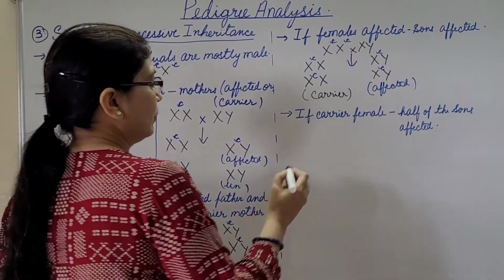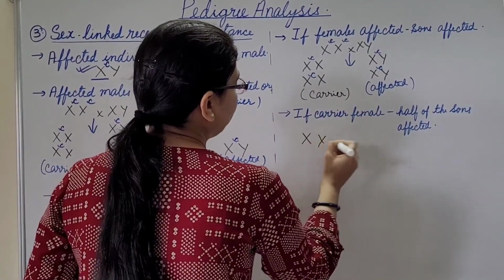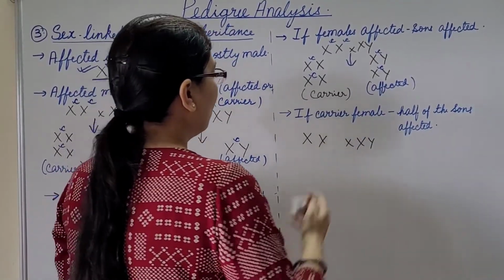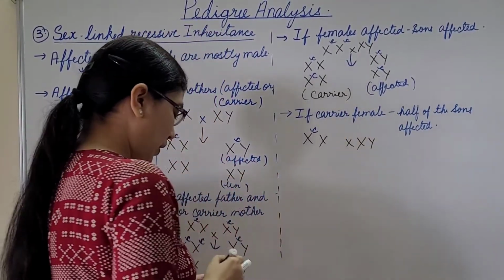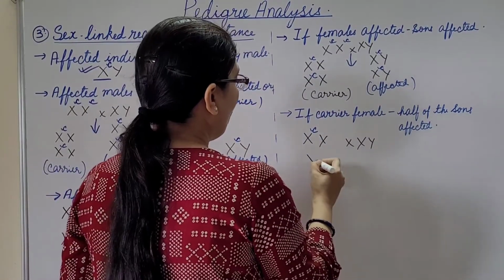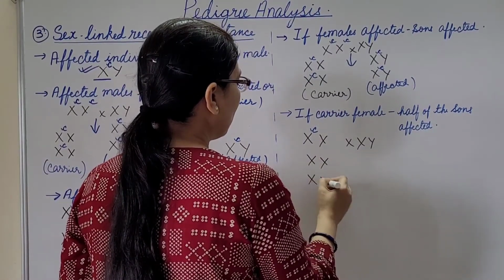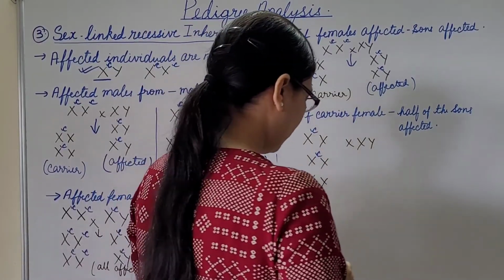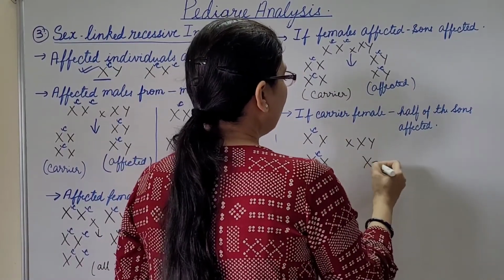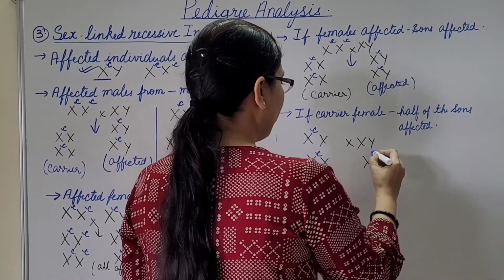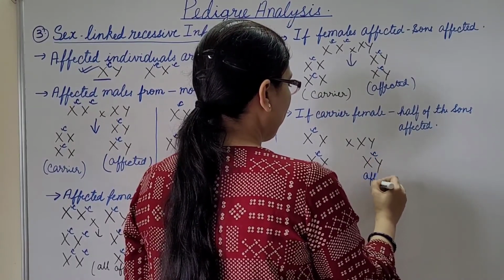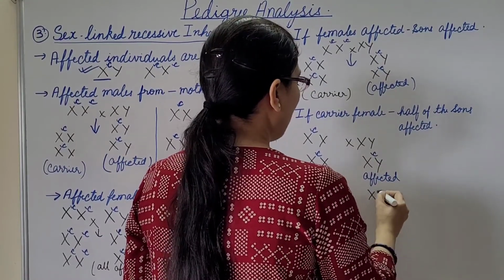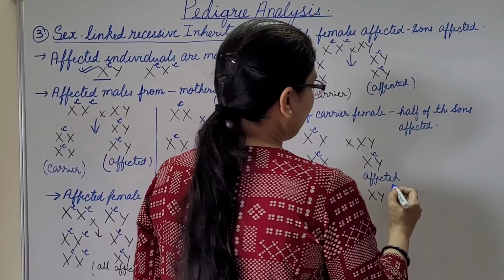And if female is carrier and male is normal, then the recessive allele is present in only 1 X chromosome. One of the daughters is a carrier and the other is unaffected. Half of the sons are affected and half are unaffected.